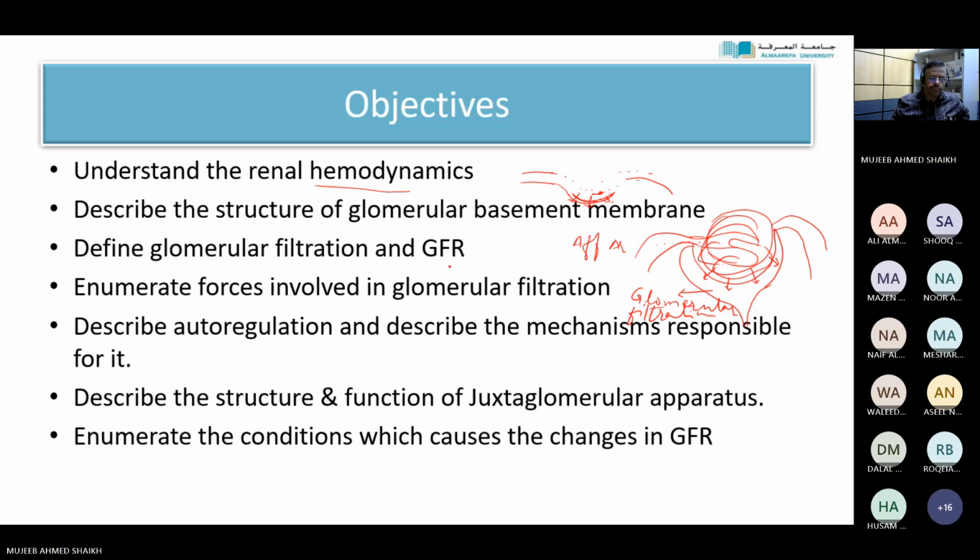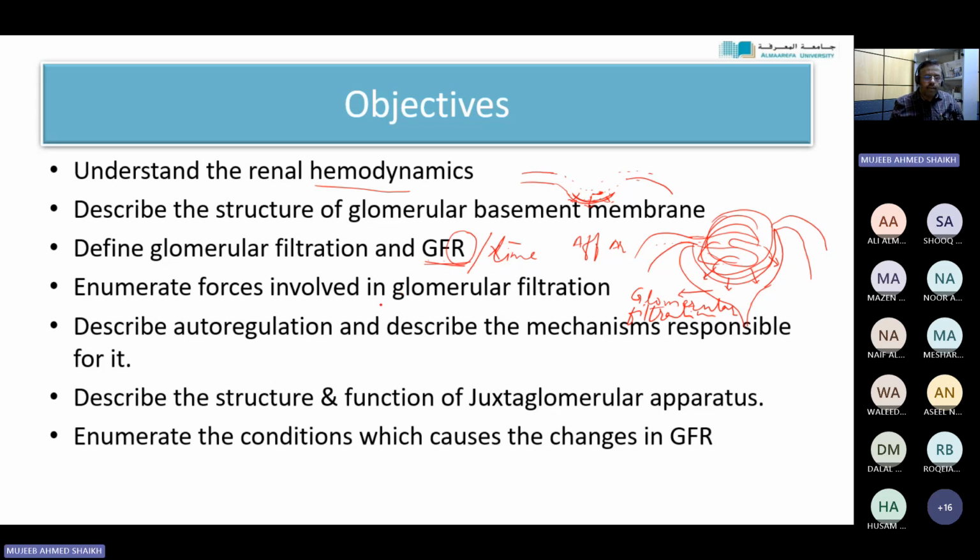Now, when we say the fluid or plasma is filtered, if we take this filtration in terms of time, per minute, per second, per hour, or per day, we call it a rate. Glomerular filtration per unit of time is known as the glomerular filtration rate.